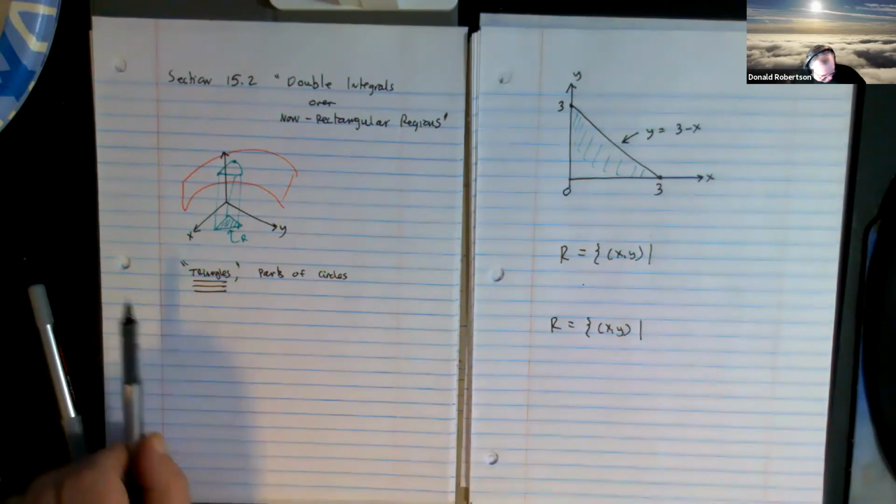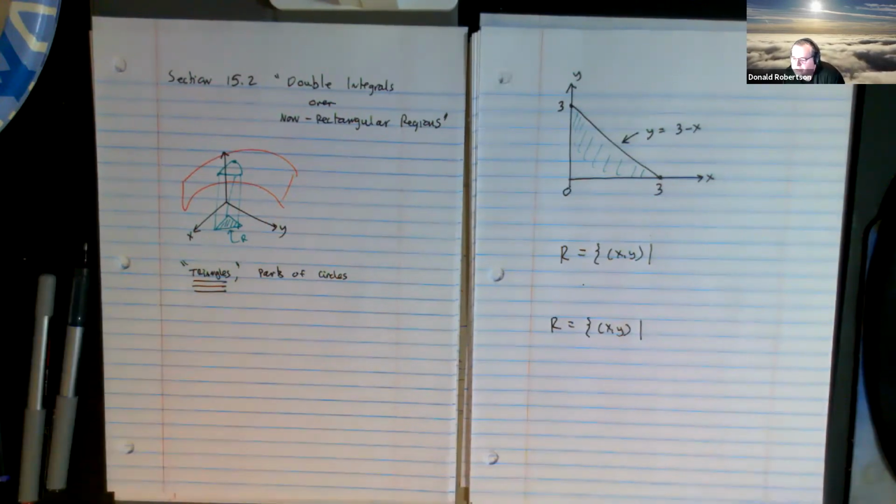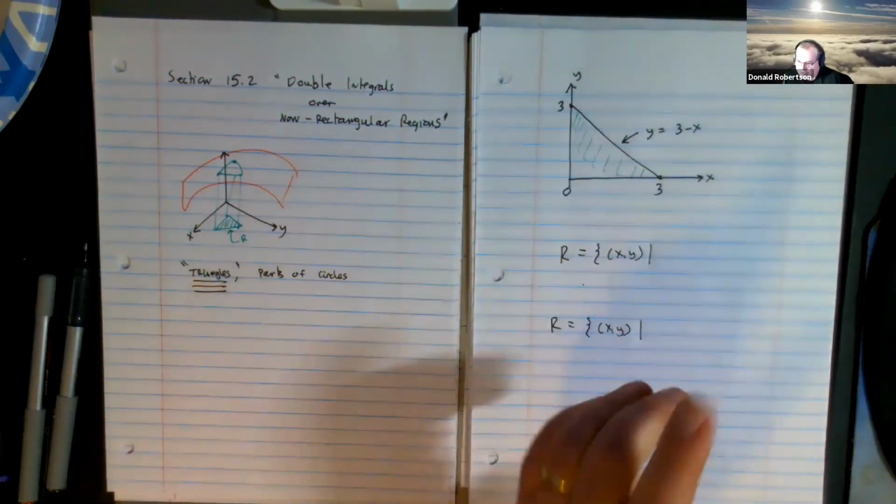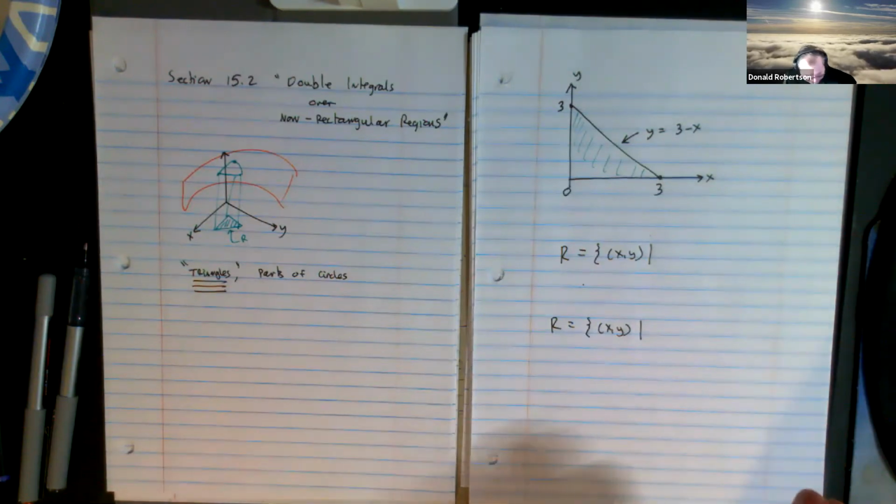And the reason we need two versions is the same reason we needed it earlier today. Can you imagine that sometimes doing the x's before the y's is less work, or is actually the only one that's doable? But sometimes it's the y before the x's. And so we have to figure a way of describing this region in two distinctly different ways.